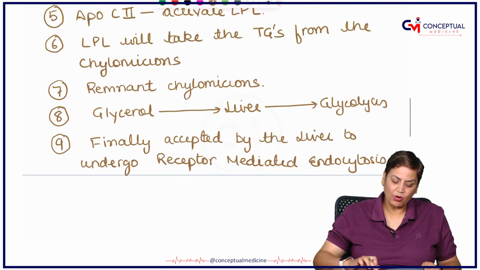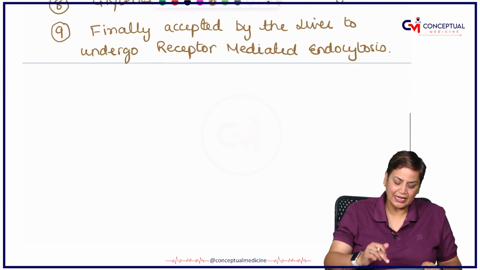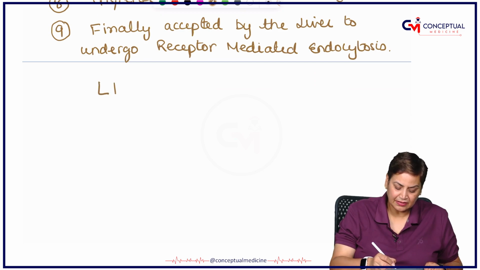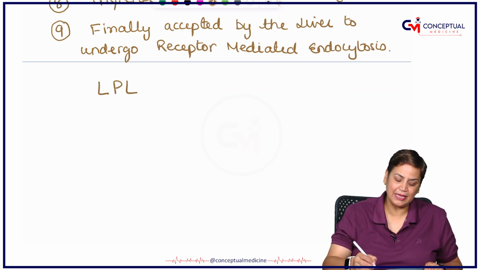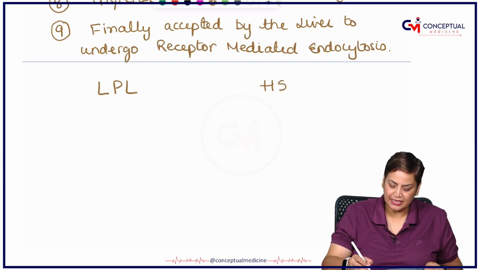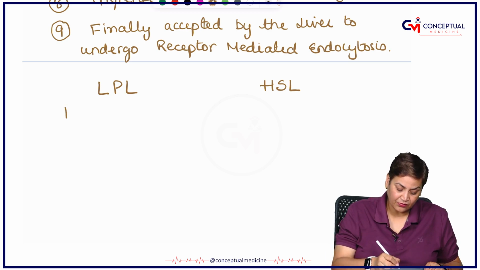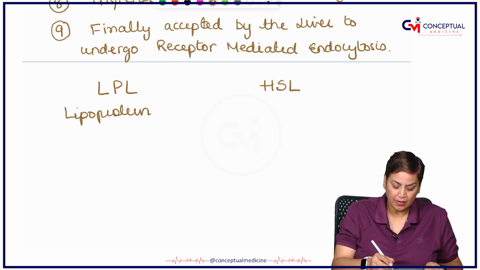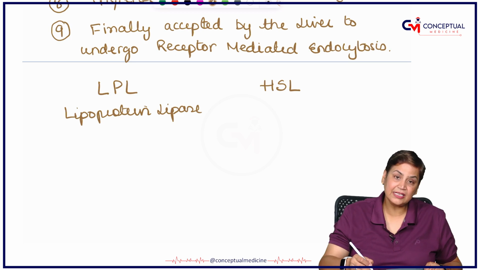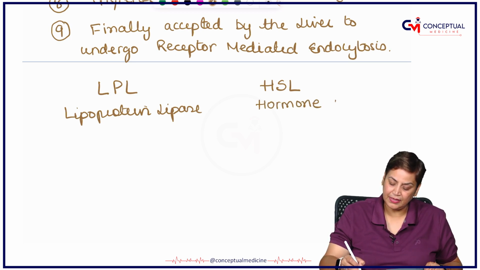So, if we talk about LPL, we should know that what is the function of this LPL and where it is present. So, there are two enzymes basically. One is LPL, second is HSL. This stands for lipoprotein lipase. And this stands for hormone sensitive lipase.